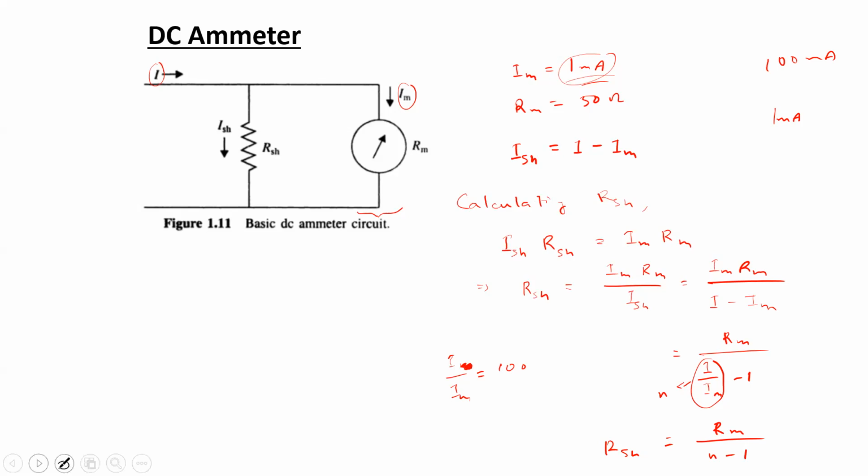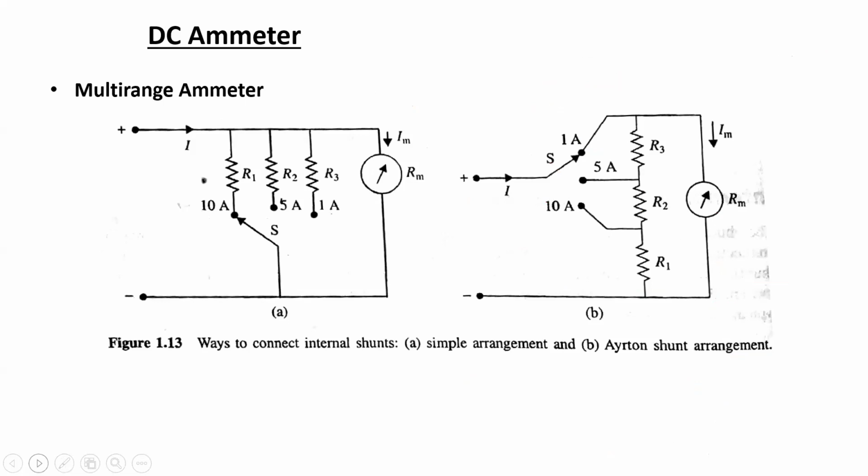So for that we can easily have a multi-range facility as well, in terms of the circuit diagrams represented in figure A and figure B. So these are two separate arrangements.